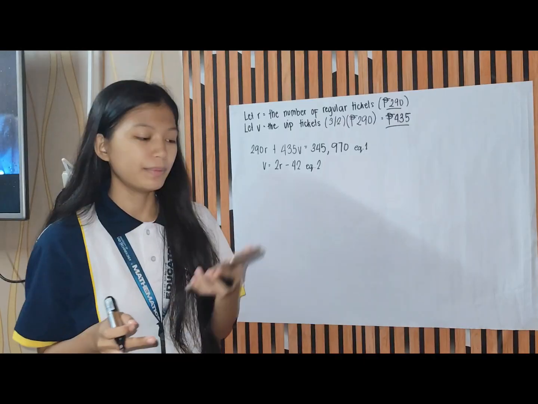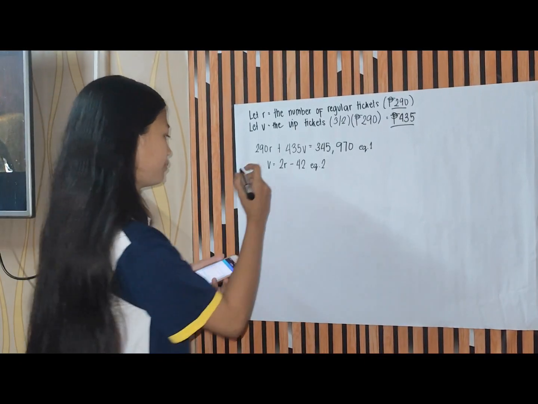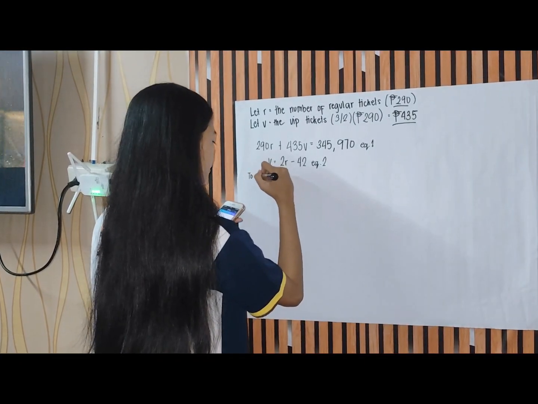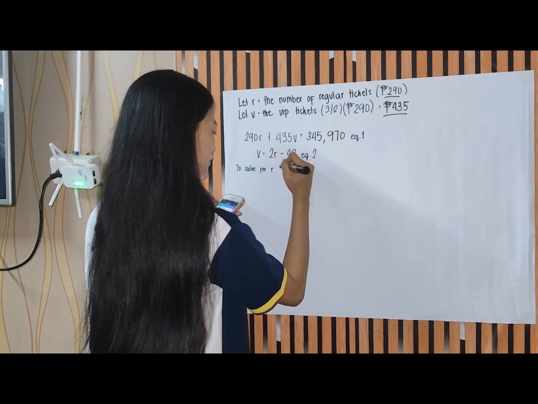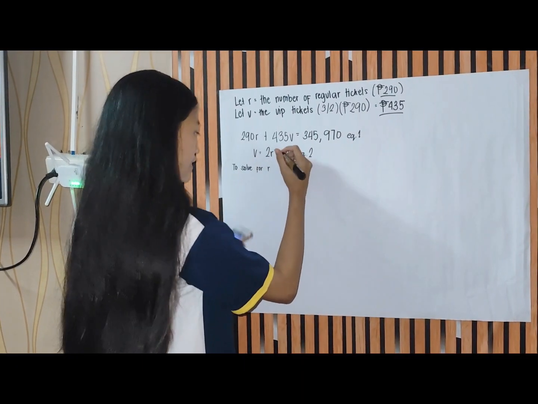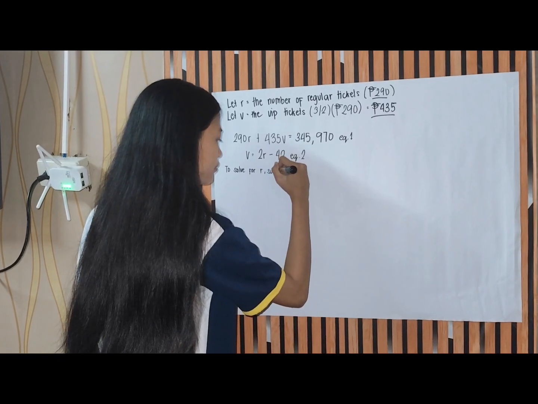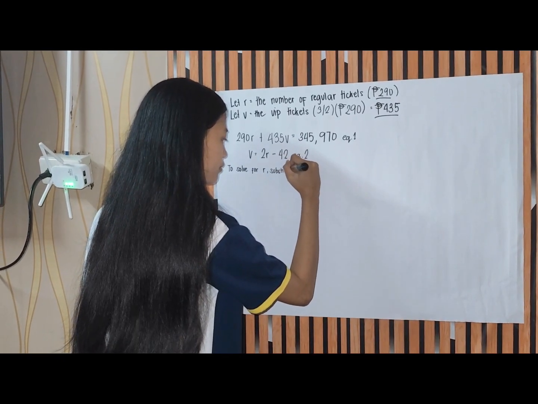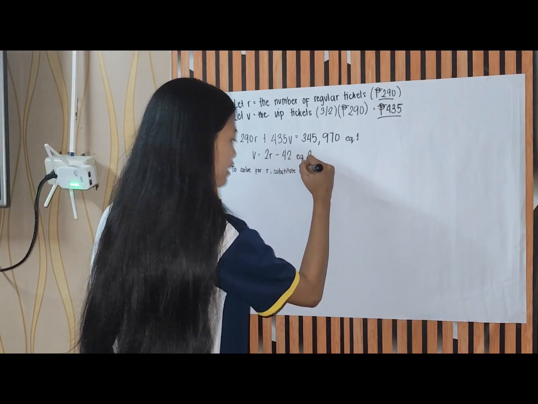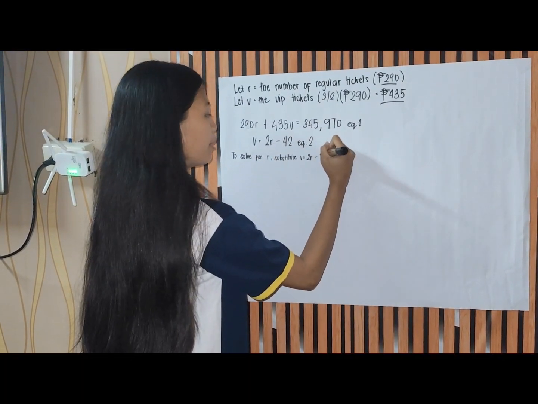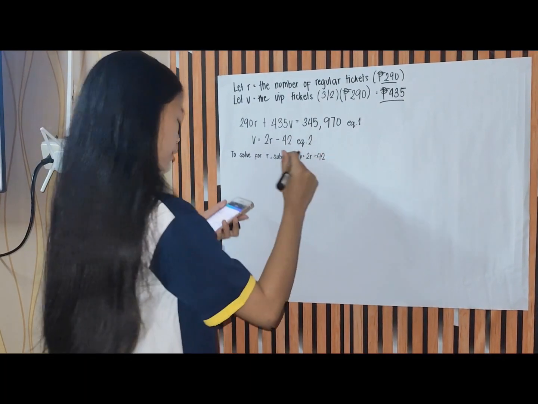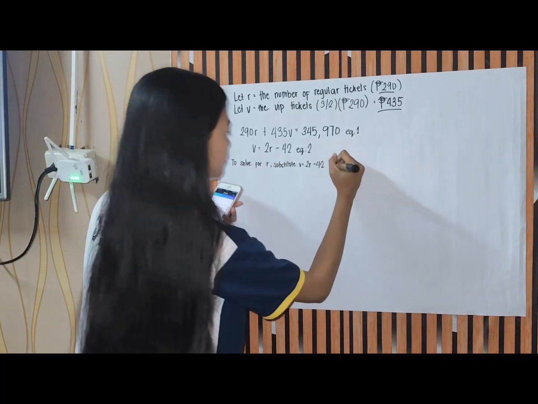For the next step, to solve for R, substitute B equal to 2R minus 42 in equation 1.